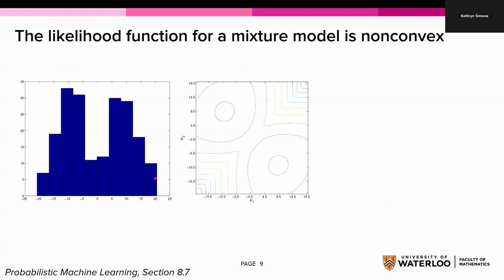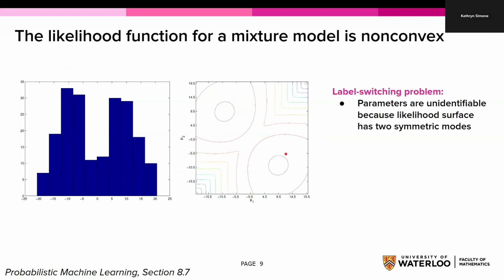The likelihood is going to be the same in both cases. So for example, whether the left peak corresponds to cluster one or the other, the math doesn't care. And so as a result, we have two optimal solutions that are identical in terms of likelihood.